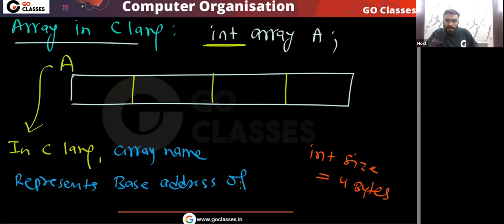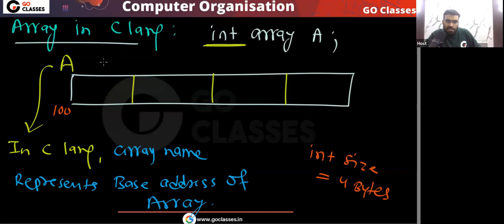Yes or no? You have already studied C language. So you can easily see that in C language, the array name will represent the base address of the array. Let's assume the base address of the array I'm giving you is 100.